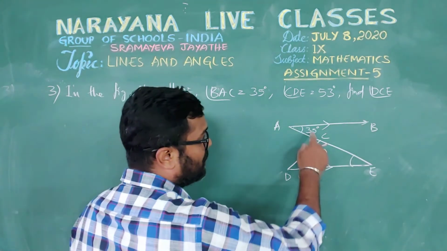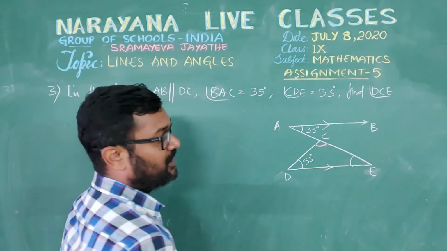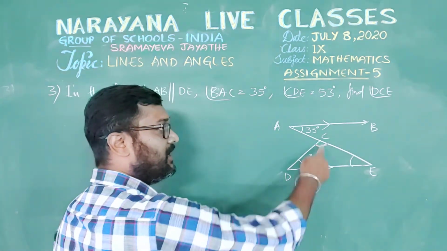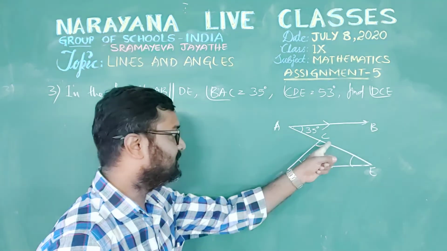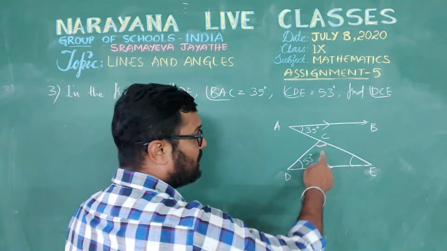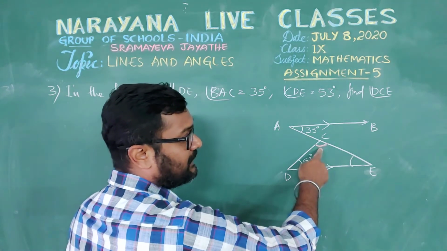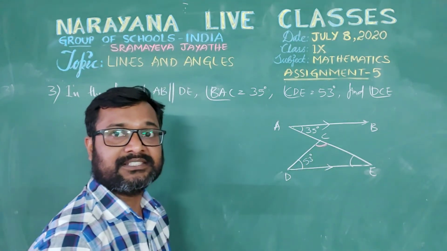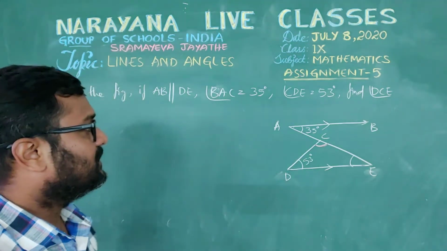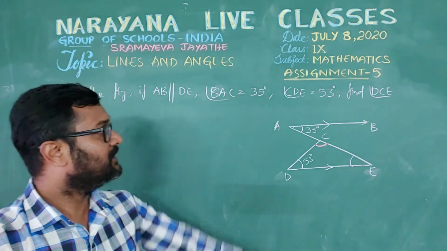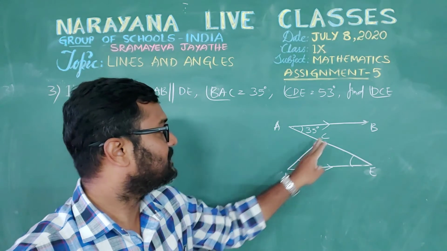If I use that property, I can find this angle. Then in triangle CDE I know this angle and this angle, and I can calculate the remaining angle by using the angle sum property, as we used in the earlier problem. So here we will use two properties to find angle DCE.